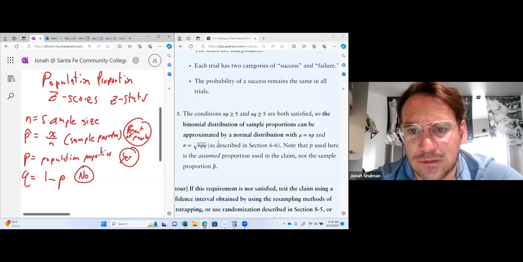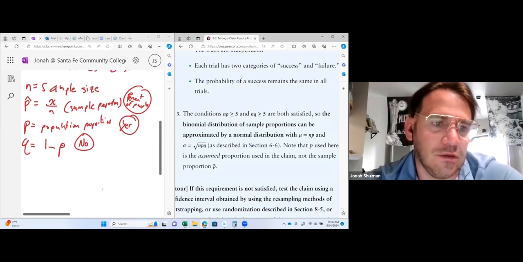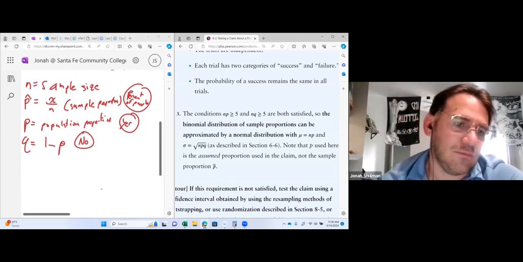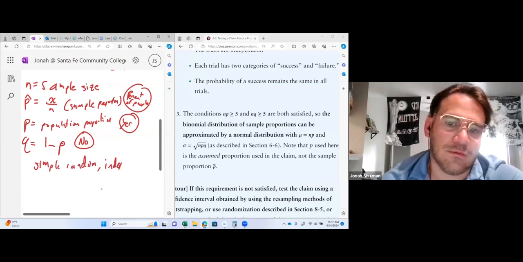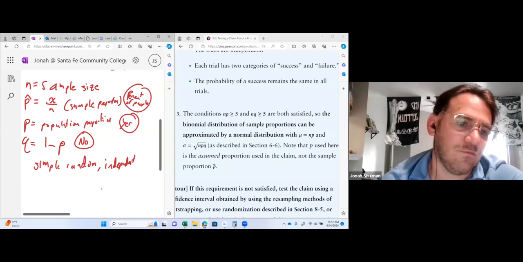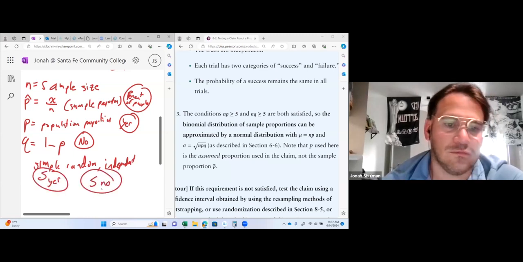The conditions: n times p is greater than 5. So what does that mean? It's got to be simple random and independent, and we also need at least 5 yeses and 5 nos.